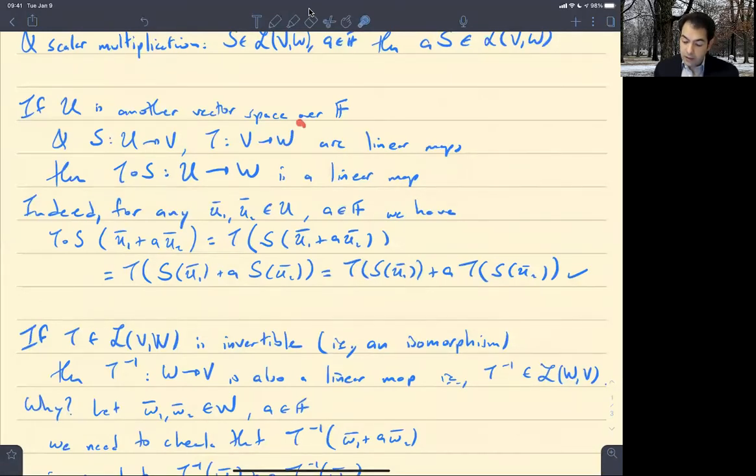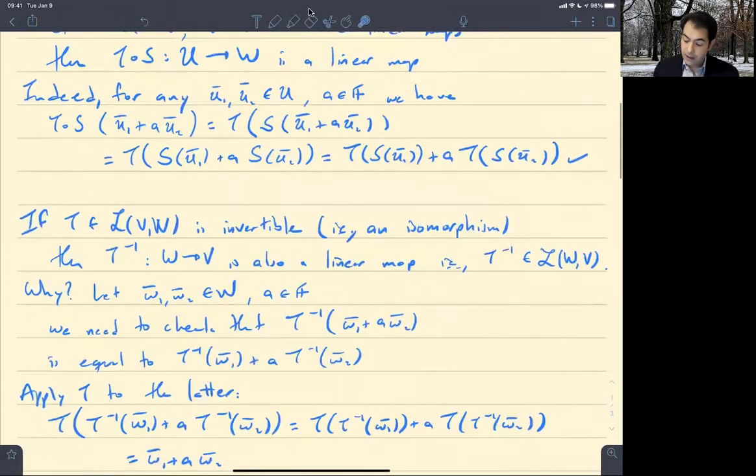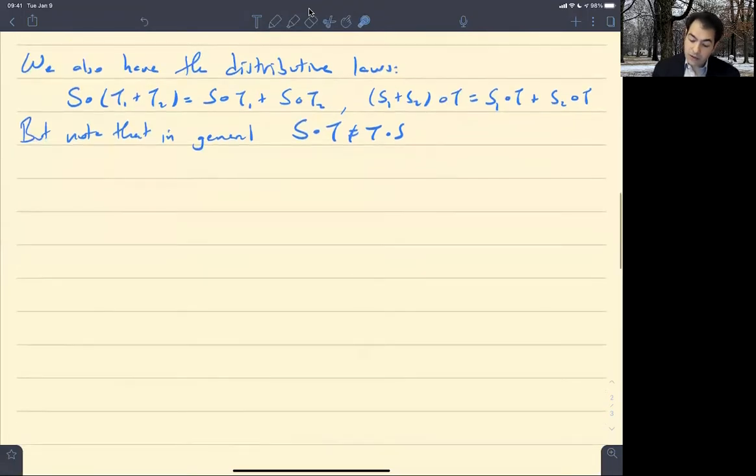Because W might be a completely different space from U. So S composed with T doesn't make sense. But that's not the only reason this can fail. This is even when both make sense. And we'll see many, many examples where these two fail to be equal to each other.